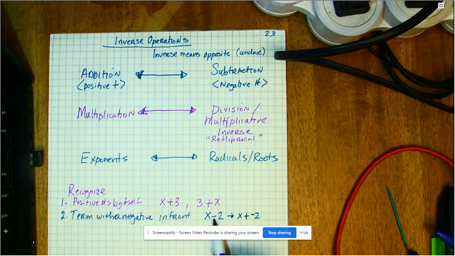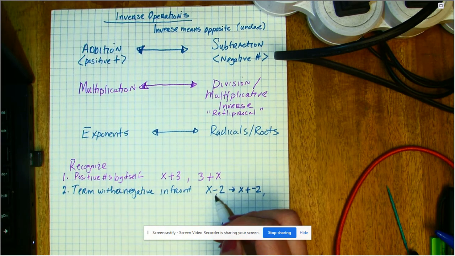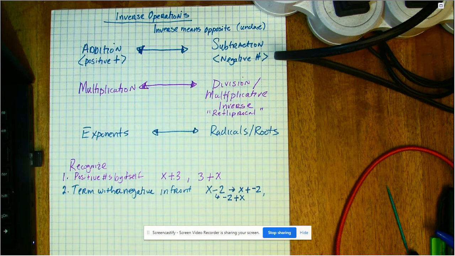So subtraction is the same thing as adding a negative number. Also, with that in mind, if I want to rewrite this, I would need to take that negative sign with it. So this is equal to negative 2 plus x, not 2 minus x. Right? So we have to make sure we're keeping the signs with their terms.